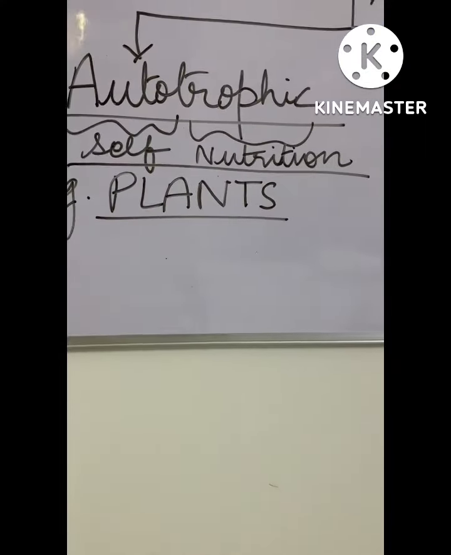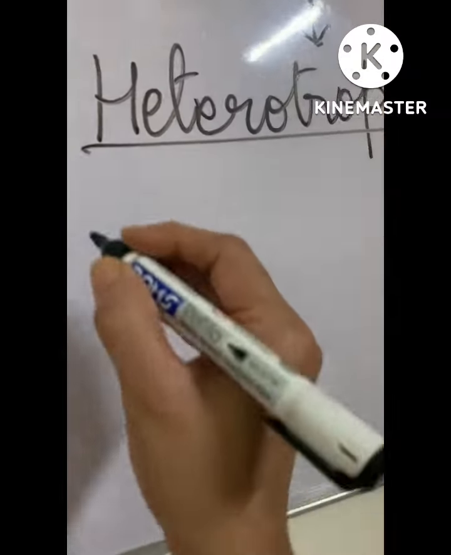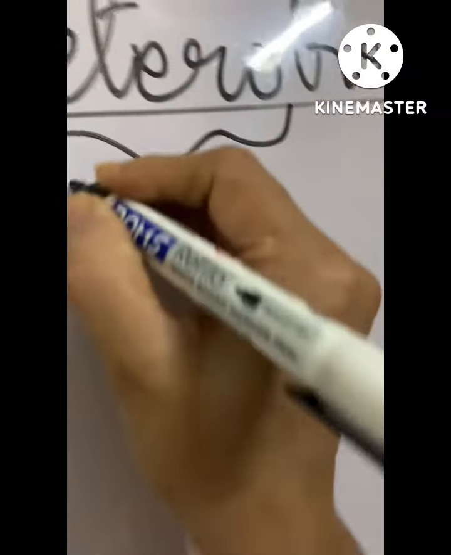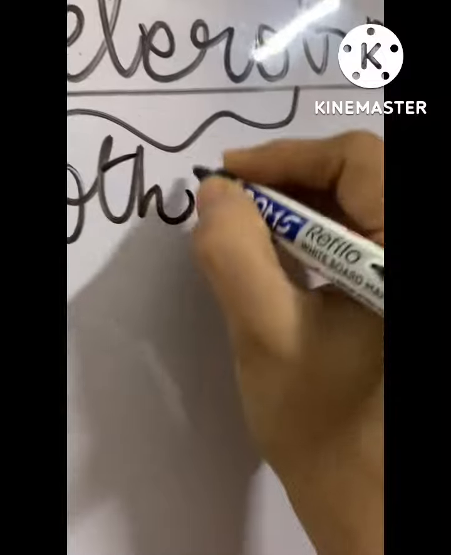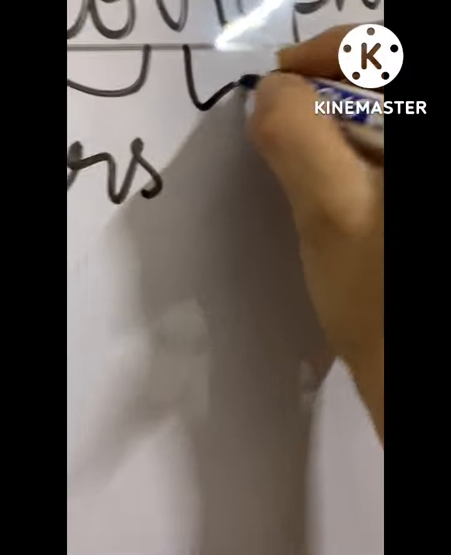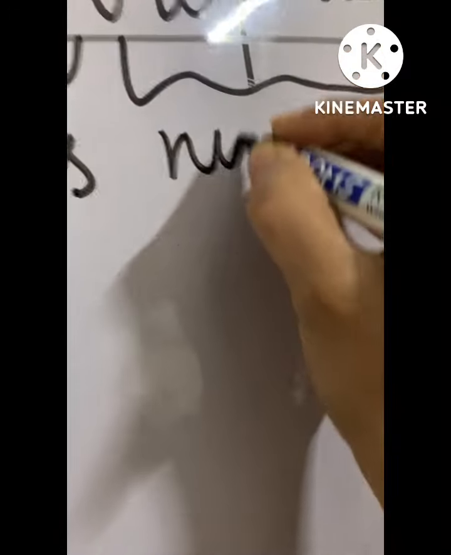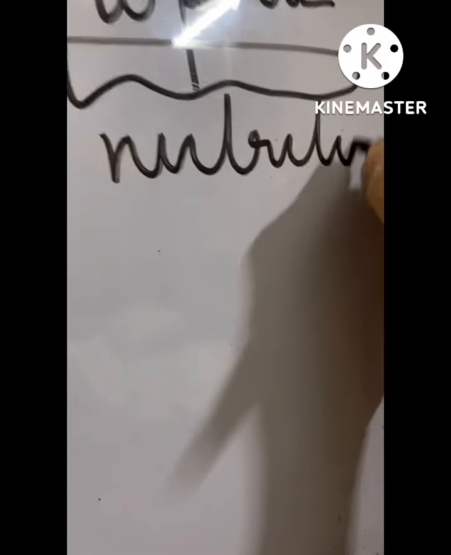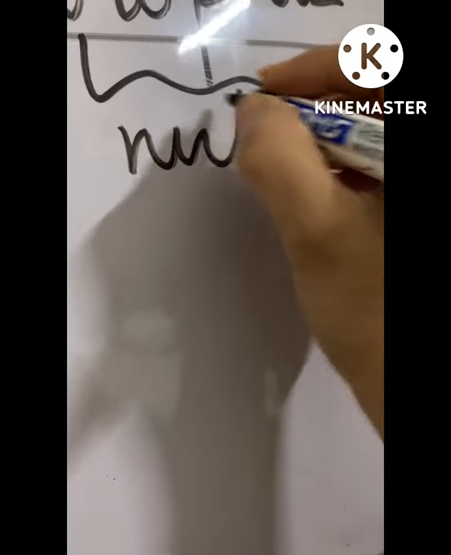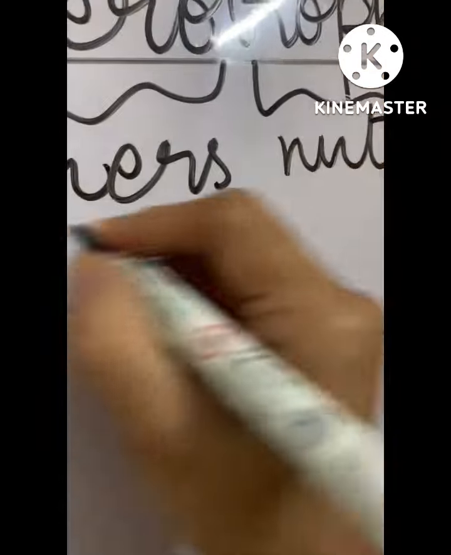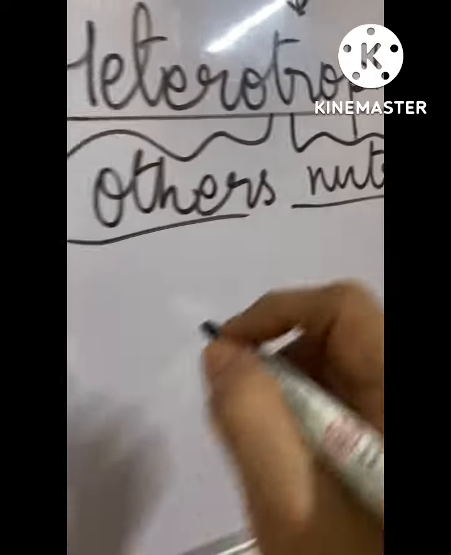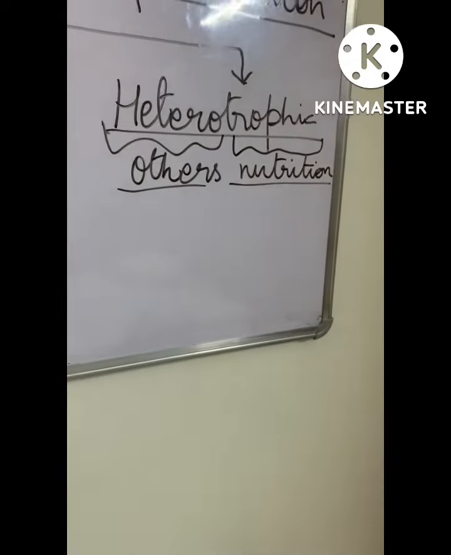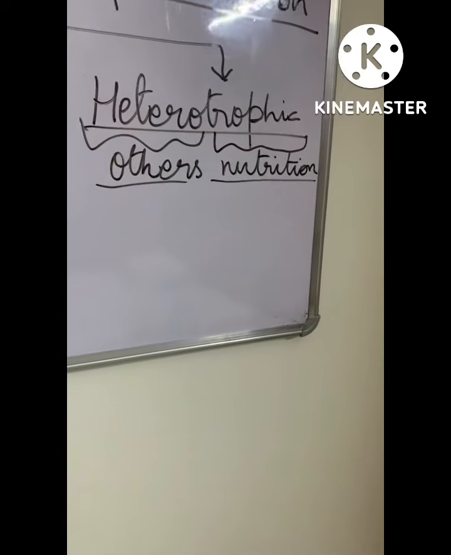So, this is about autotrophic. Now, let's go to heterotrophic. Hetero means, children, others, and trophy, as you know, means nutrition. So, children, it means the nutrition obtained from others.